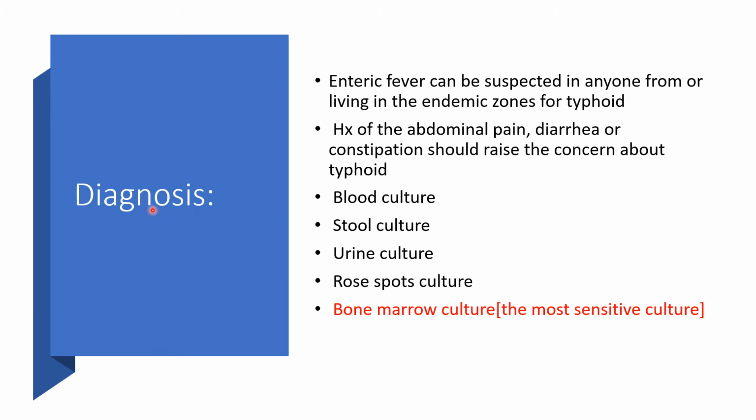How can we make diagnosis here? Enteric fever can be suspected in anyone from or living in the endemic zones for typhoid. Let me explain. High index of suspicion will help greatly. By the time we go into all the diagnostic procedures that may be difficult to do in some centers because of unavailability of the technical know-how or equipment, then we'll understand that high index of suspicion will save many lives.